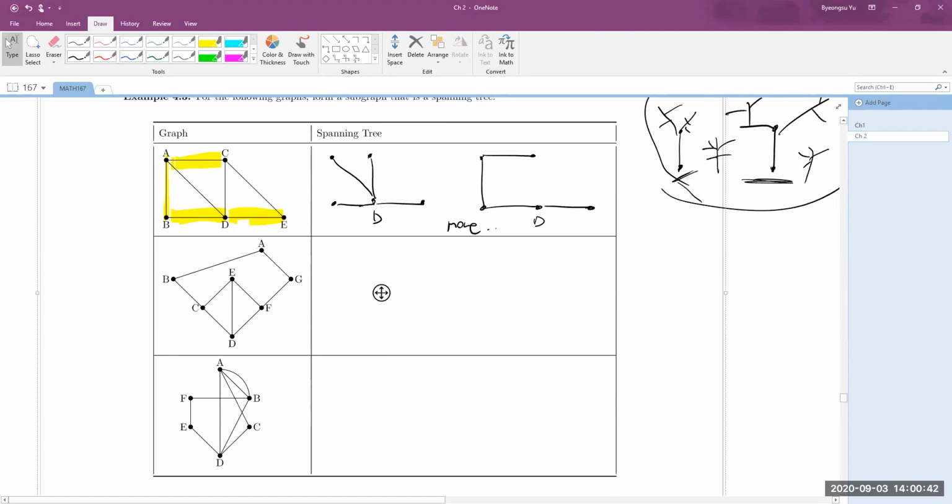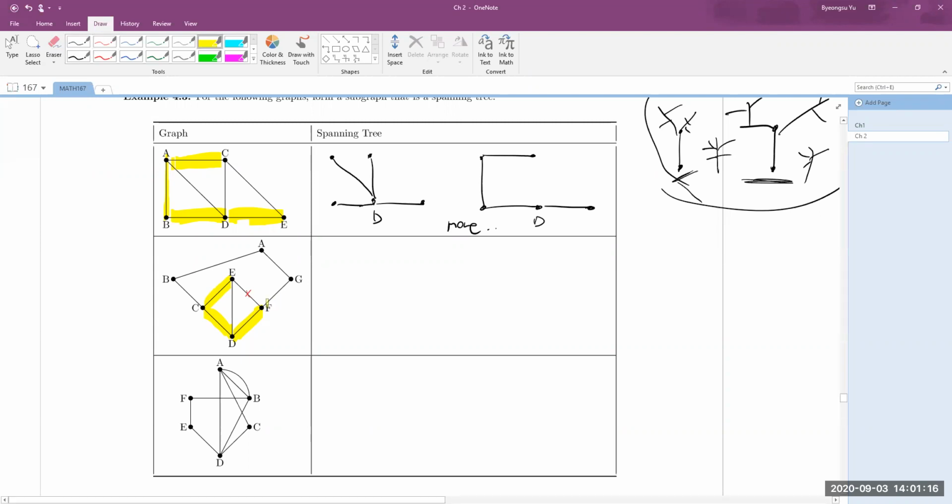So for example, in the next one, just choose any edge you want. For example, I just choose the edges DF and CD. And I also want to choose CE. But in that case, I cannot choose EF at this point because if I choose EF, then it makes a cycle, right? So if I already chose 3 edges, DF, DC, CE, then we cannot choose EF.